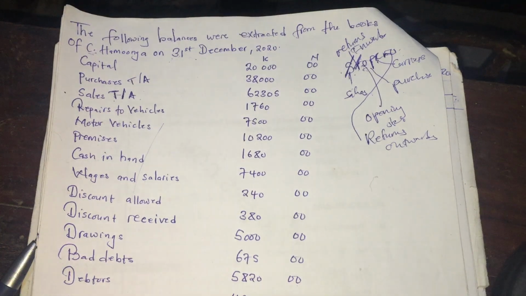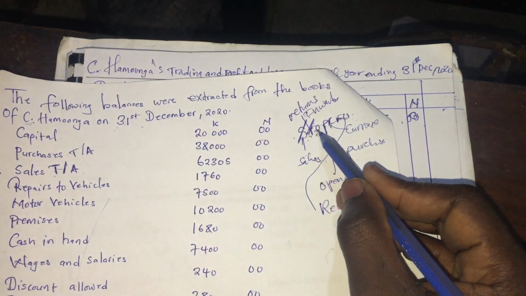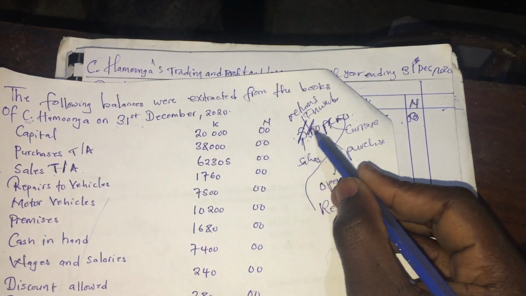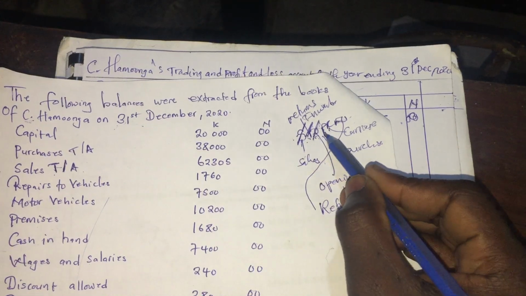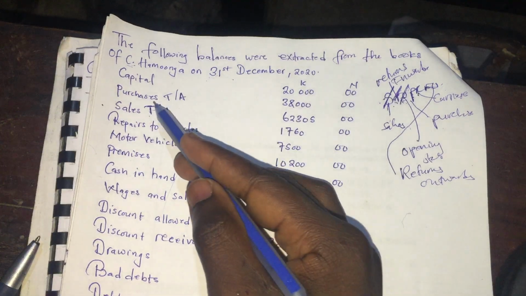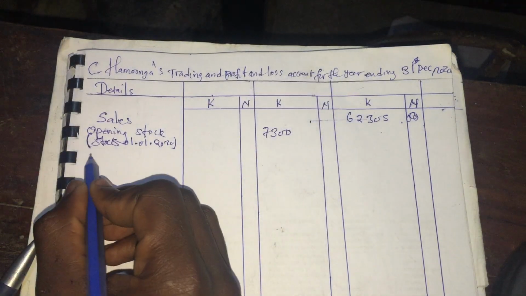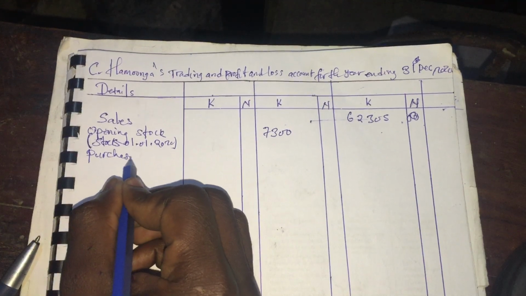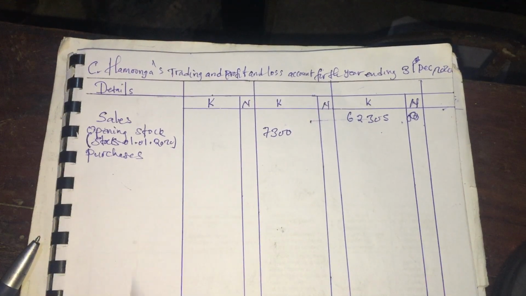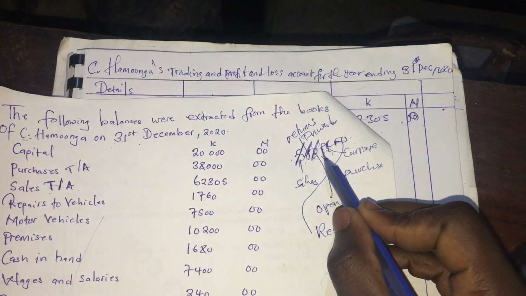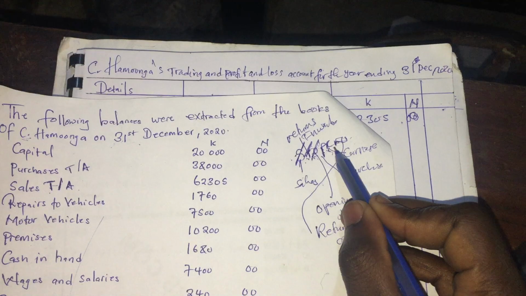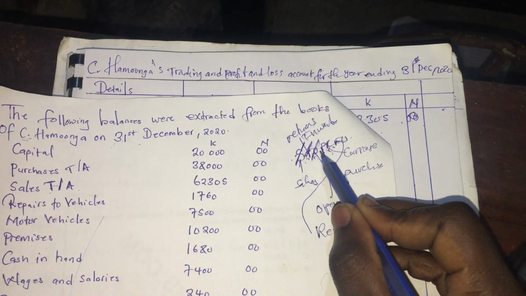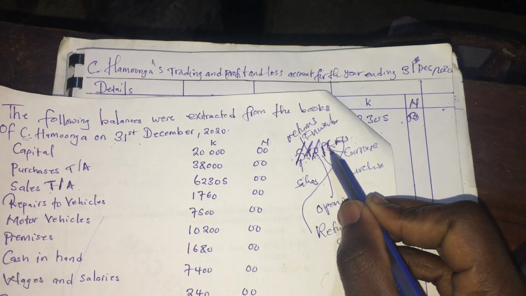Then we move to our STROBE GROW. S, R gone, O gone, then P. Where is P? Start checking. P, which is purchases. After purchases, we do have carriage inwards.